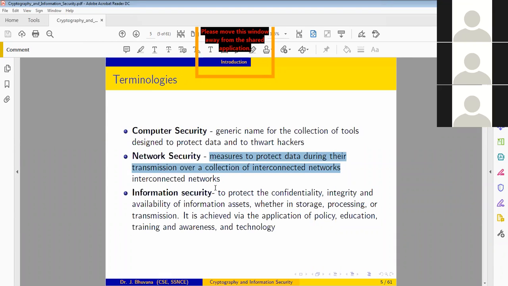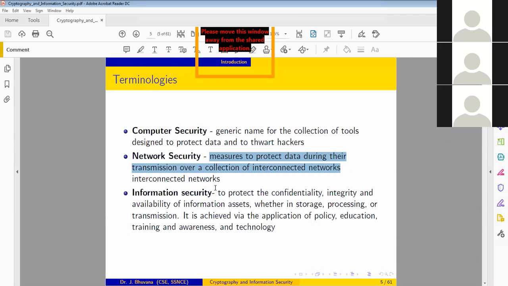So what is information security? There come the specific services of security like confidentiality, integrity, and availability. What is confidentiality, what is integrity, and what is availability? I will be explaining all these in detail in the forthcoming slides. Just let us take these terms as such now. We are going to provide all these services whether the data is in storage, during processing, or during transmission.